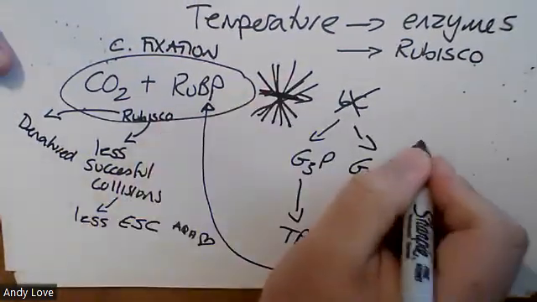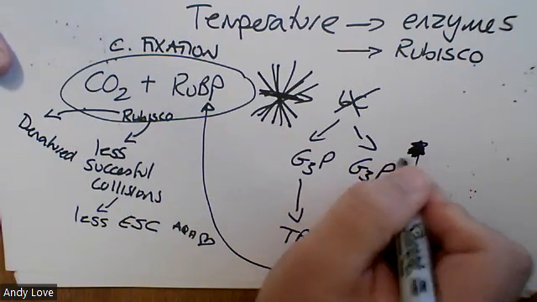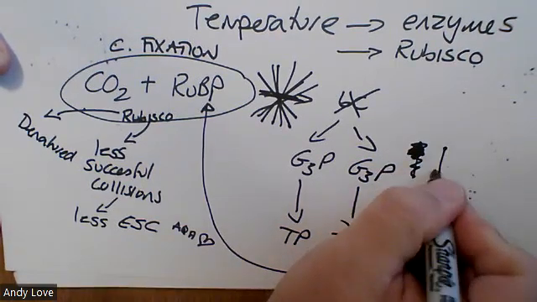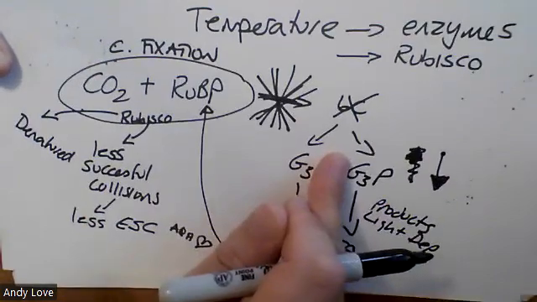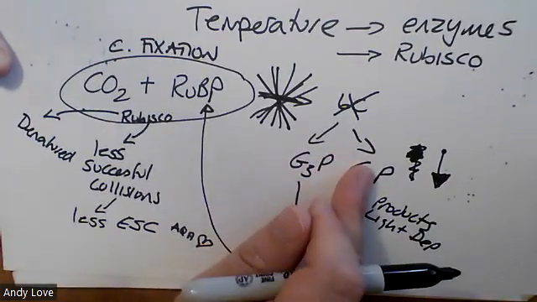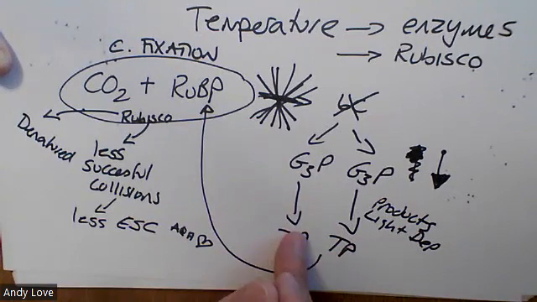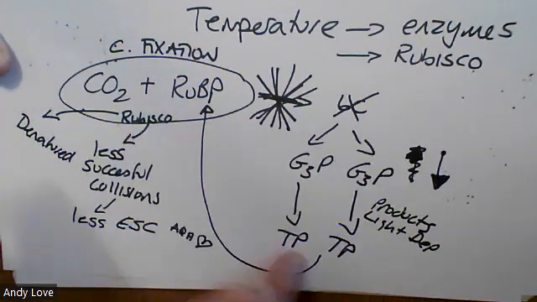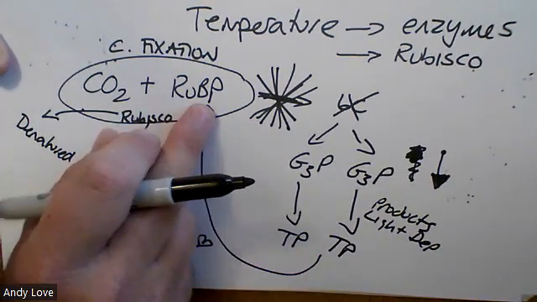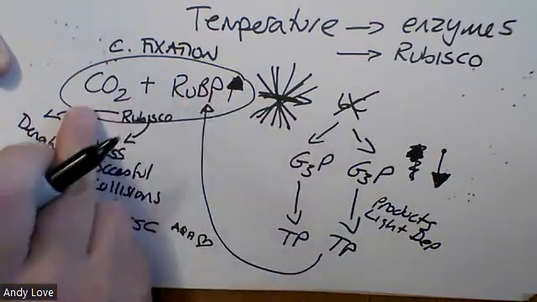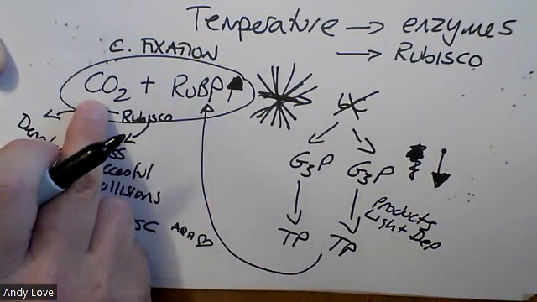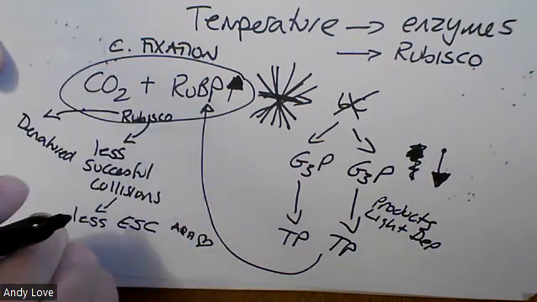So your levels of G3P will go down, because you're not making it. And as levels of G3P go down, so will your levels of TP go down, because it's being turned into RUBP. And the levels of RUBP will go up because it's not joining on to CO2. Rubisco is not doing its job.